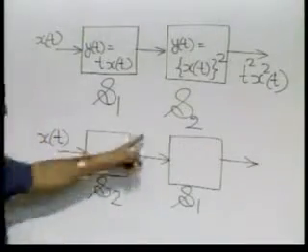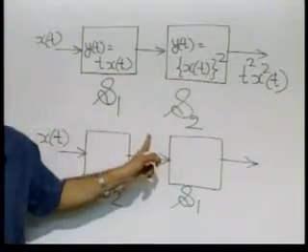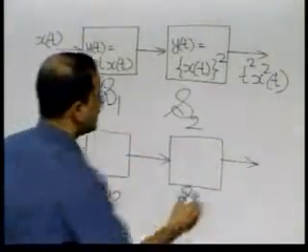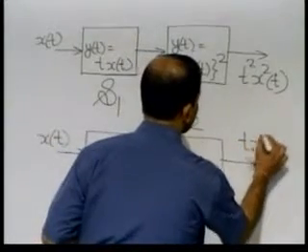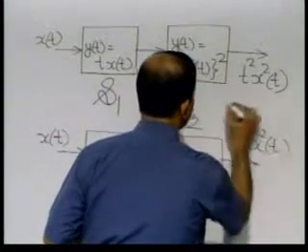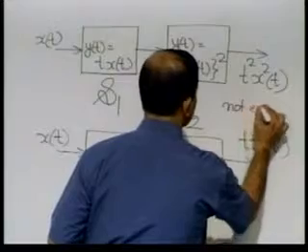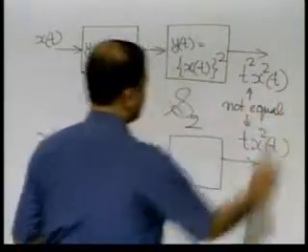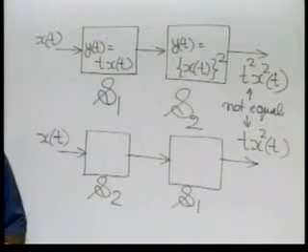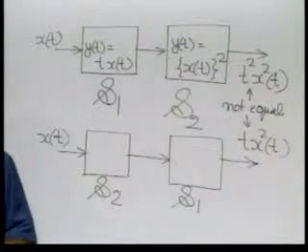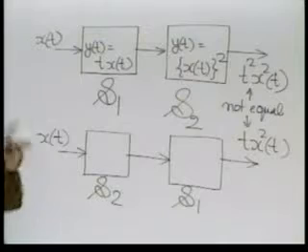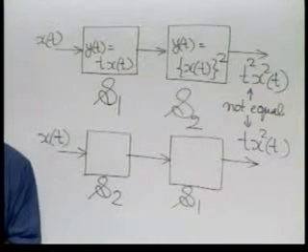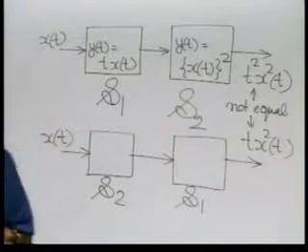At this point I would get the square of x(t), and at this point I would get t times that result, so I would get t times x squared (t), and these are not equal. And therefore an interchange of order is not permissible. All right.